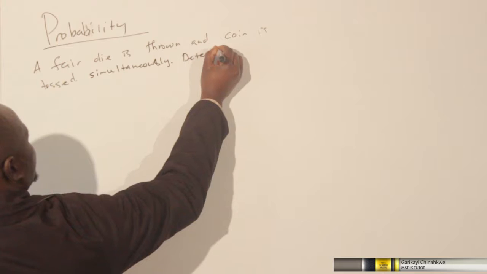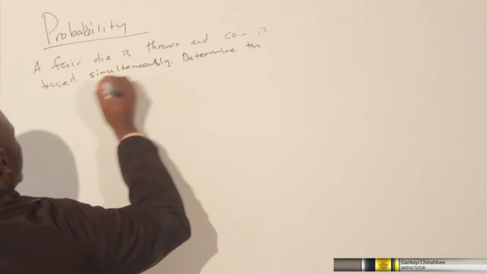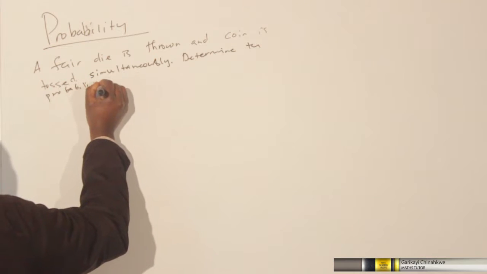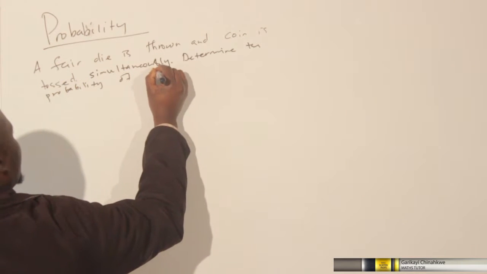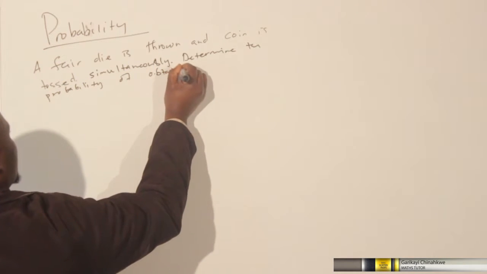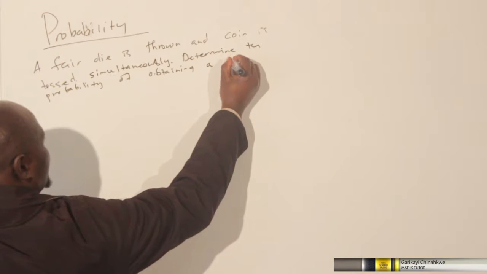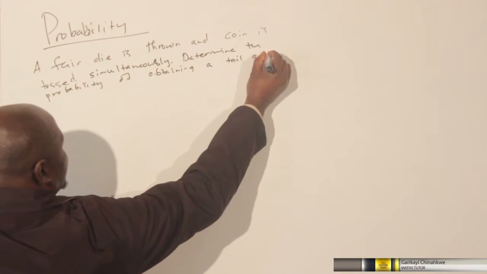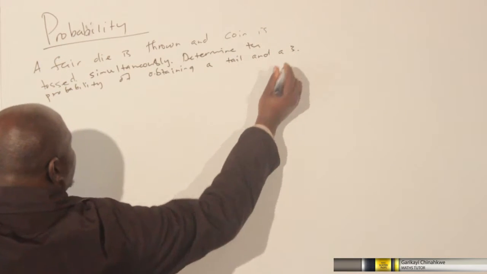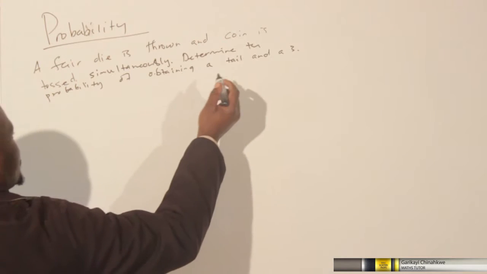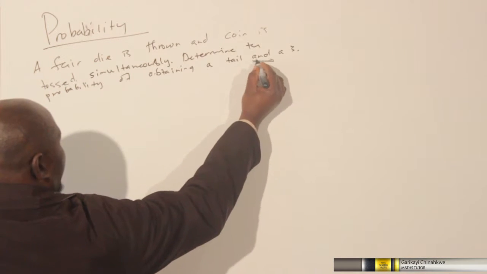Determine the probability of obtaining a tail and a 3.